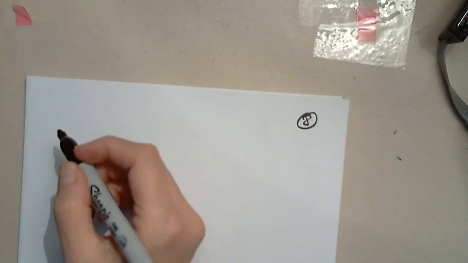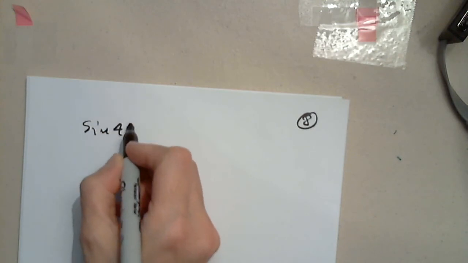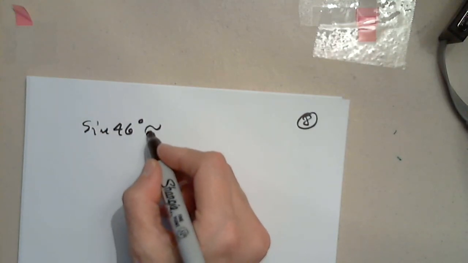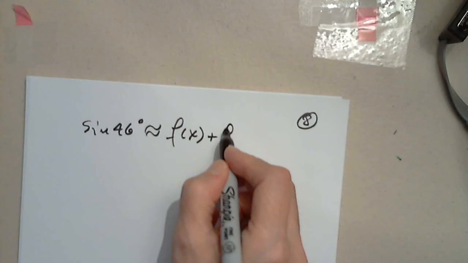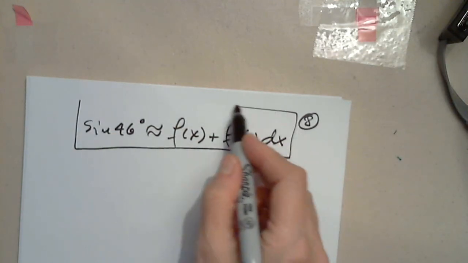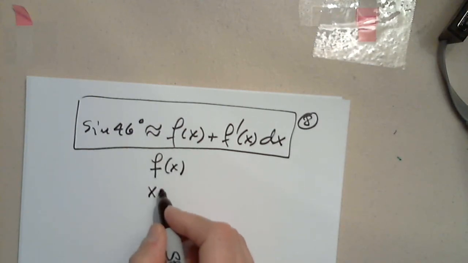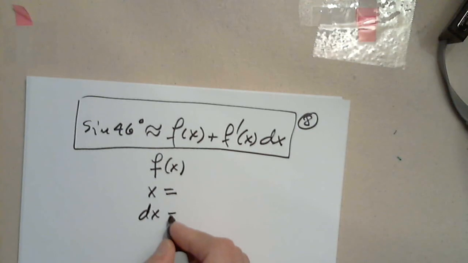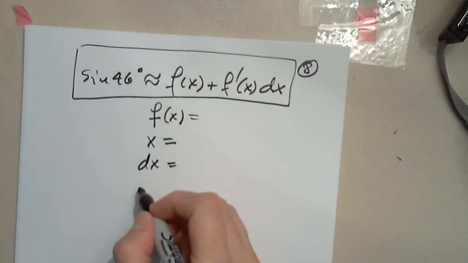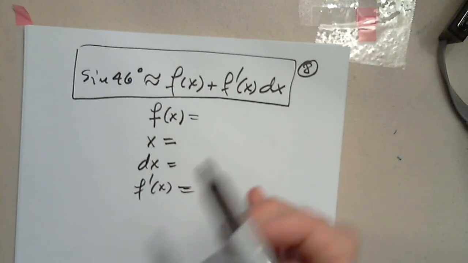It just says, use differentials to estimate sine 46 degrees. Remember this is f of x plus f prime of x dx. If I identify f of x, x, and dx, and then I find f prime, all I have to do is put them in here.